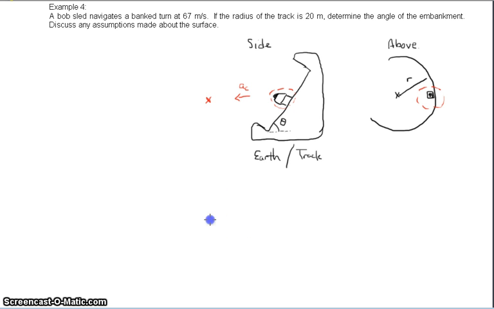Alright, so using the space below, here would be the bobsled. We have the Earth pulling down. That'd be the force of the Earth on the bobsled. And then we have the track, or the embankment, pushing perpendicular to the surface. So it's going to be a pretty drastic angle here.